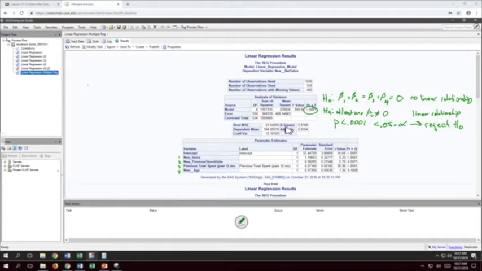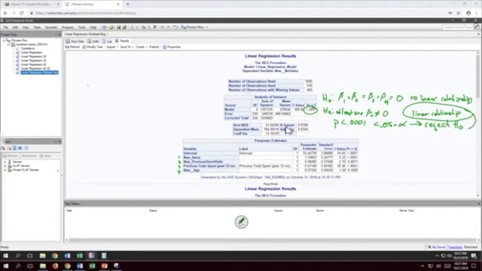Okay, so we're rejecting our null hypothesis, so we get to conclude that yes, there is a linear relationship. There's a statistically significant relationship between these 4 variables and net sales. But are all these variables needed in our model? That's really the question.